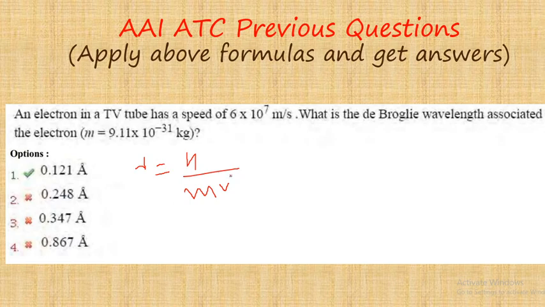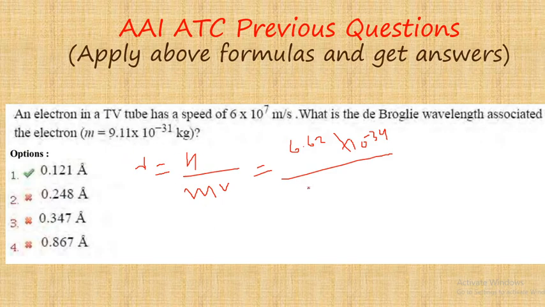So you need to find lambda, right? The h value you know, it is the Planck constant, which is 6.62 into 10 to the power minus 34. You divide by m. The m value is given here.